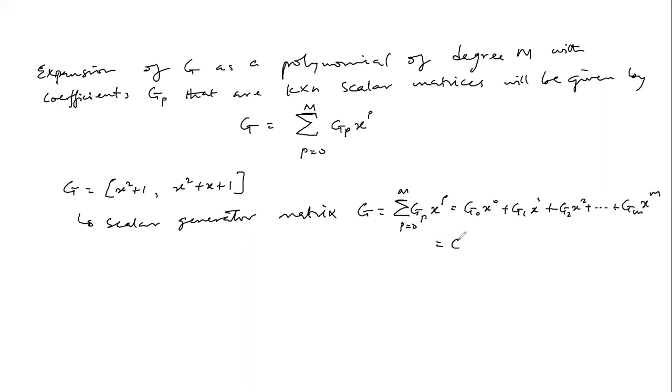So this will be the same as G0, because x to the power of 0 is 1, plus G1 x plus G2 x squared all the way to Gn x to the power of n.